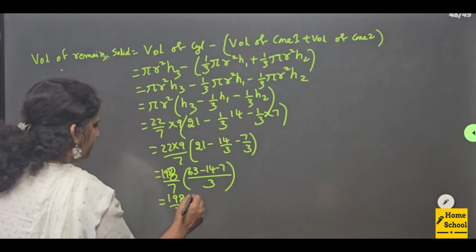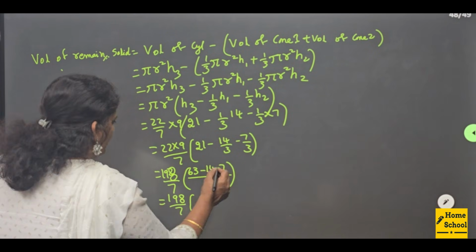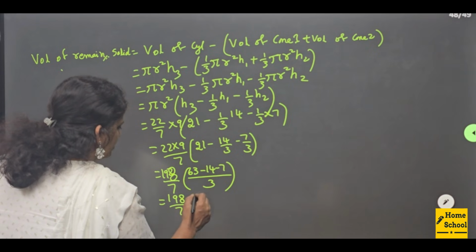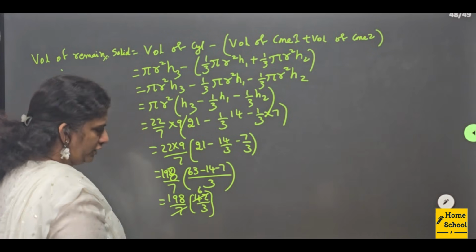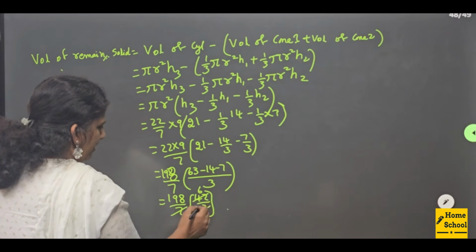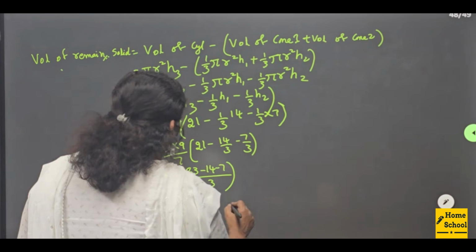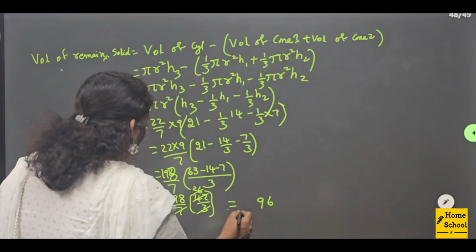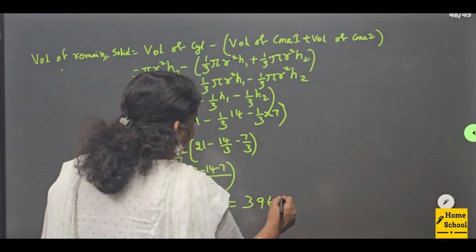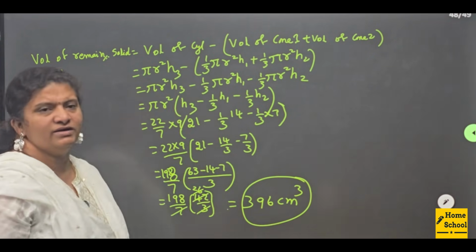Minus 14 minus 7 will be minus 21, 63 minus 21 will be 42 by 3. 7 6s are 42. 3 2s are 6. Now 198 into 2, what are you going to get? 396 centimeter cube is the volume of the remaining solid.